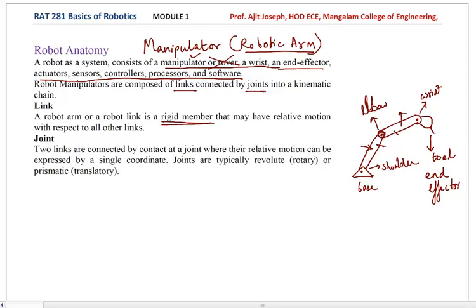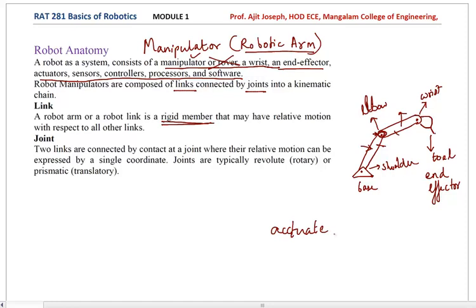Okay, now it might not always be the case that the joint is actuated. Actuated means what? To actuate is to provide power. To provide movement, you need to provide some power there. So if I connect a motor there, then I will say that this joint is actuated.